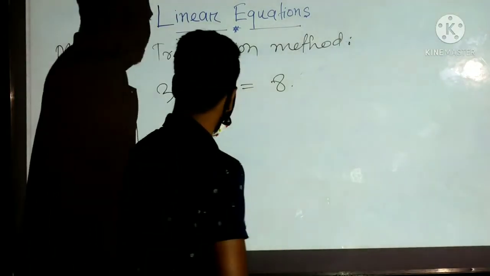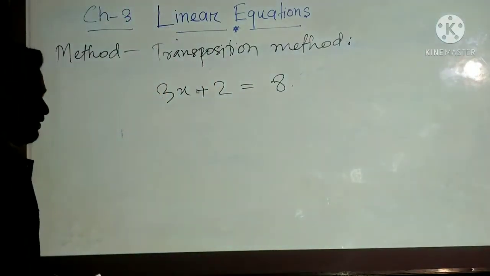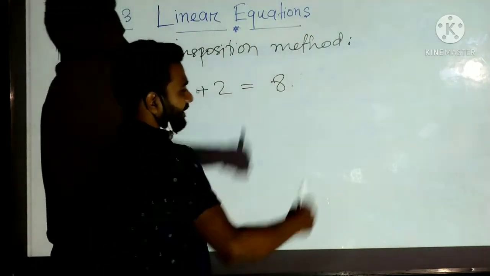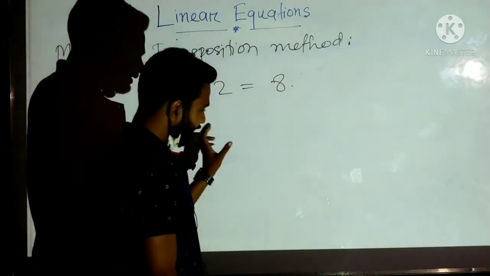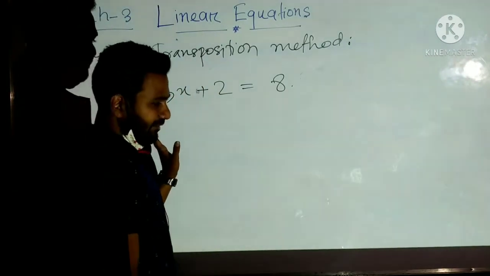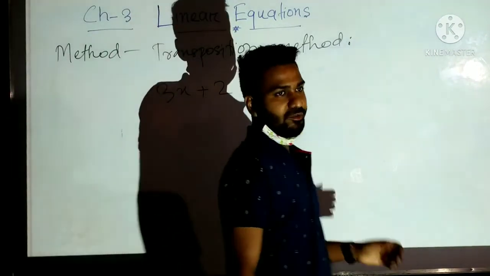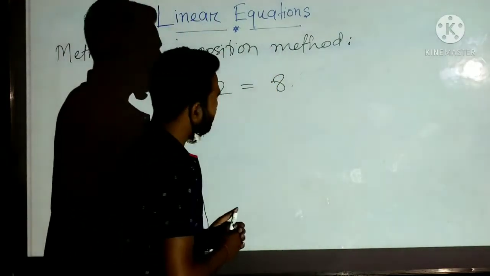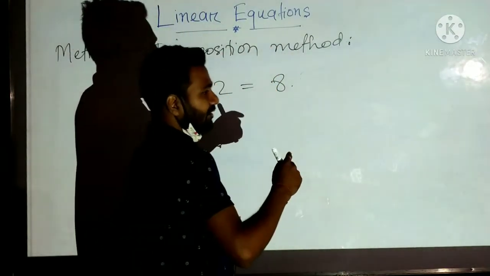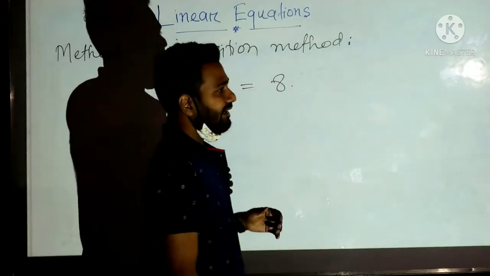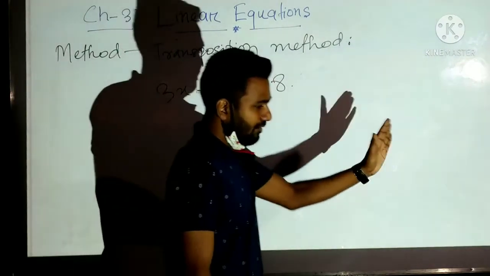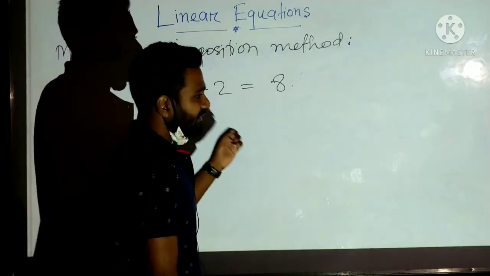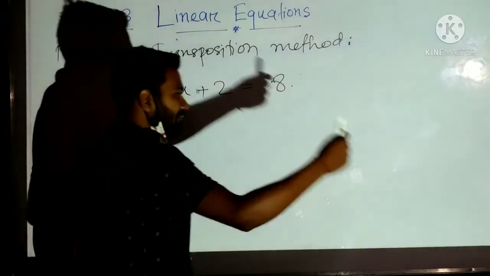The next method is our transposition method. In this method, we will transpose the constant to the right hand side and keep the variable in the left hand side. While transposition, we have to remember that if we transpose a constant with sign plus from left hand side to right hand side, it will become minus. If we transpose a constant with symbol minus, it will become plus.